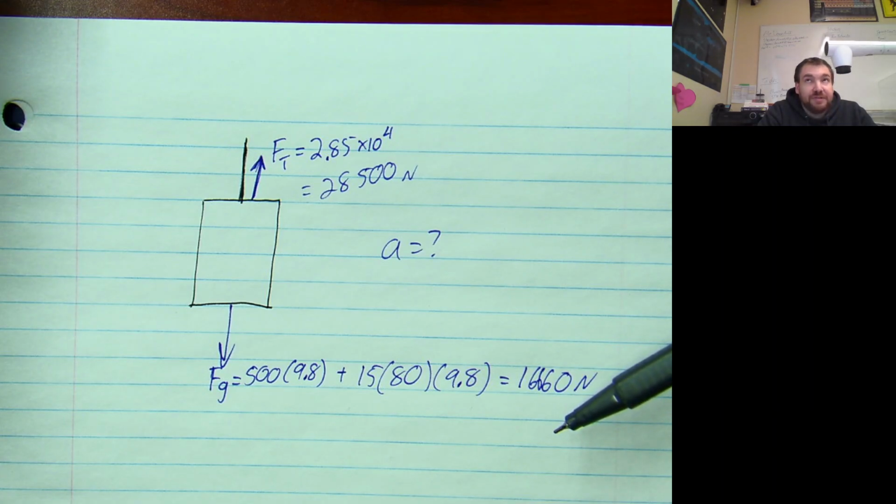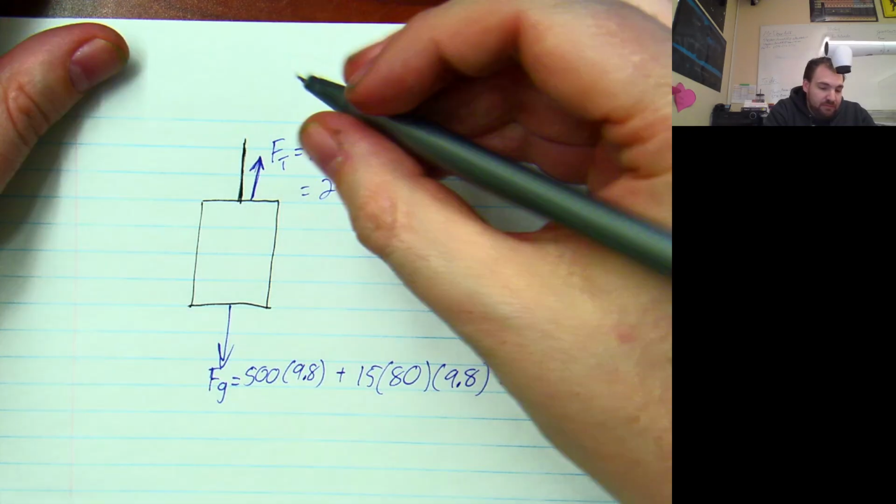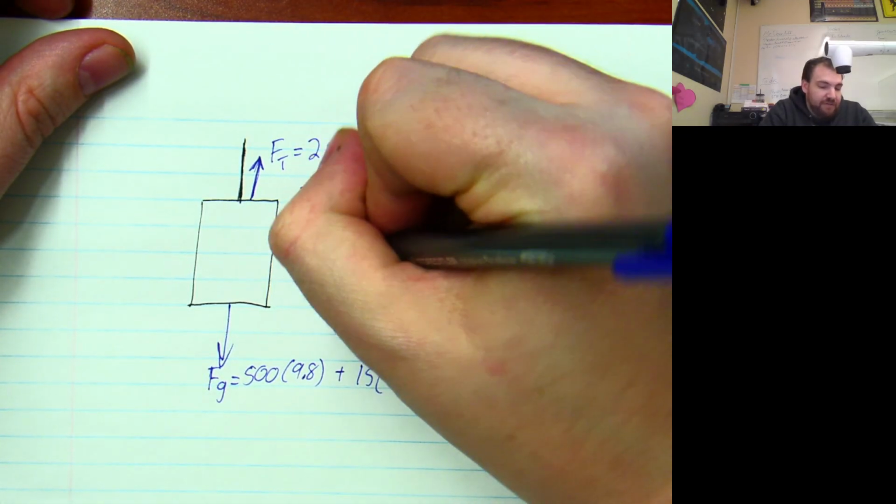Take a look at the forces. Which one's bigger? This one's bigger than this one. So which way does the elevator have to be going? Has to be going up.